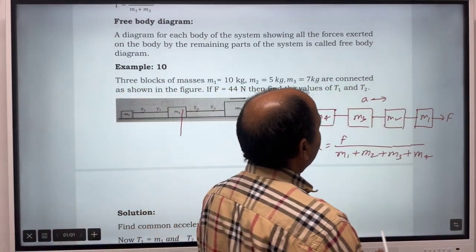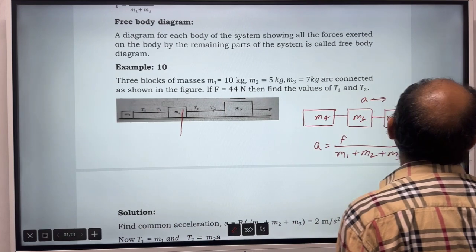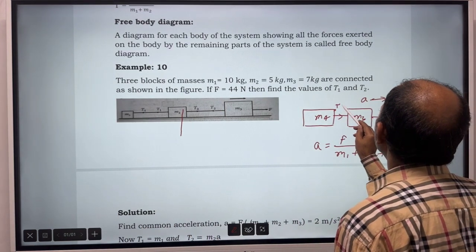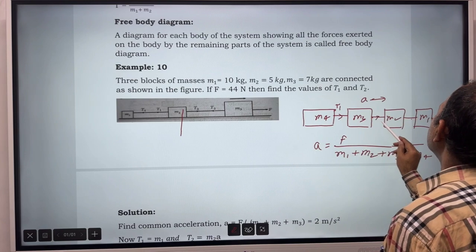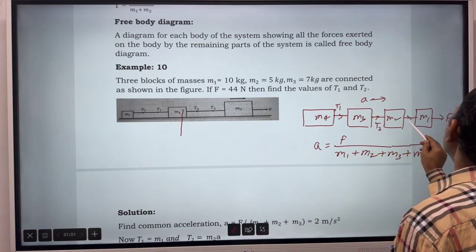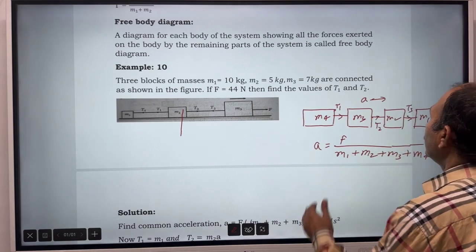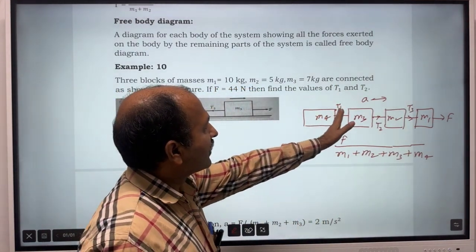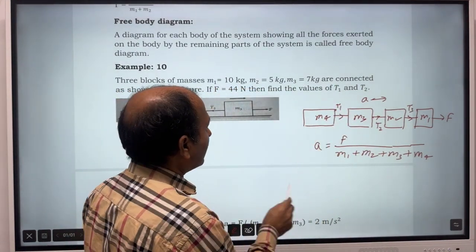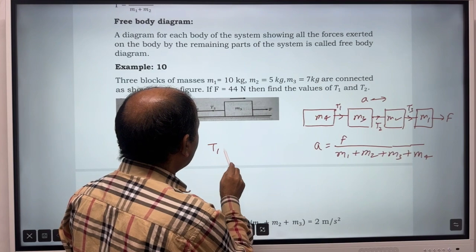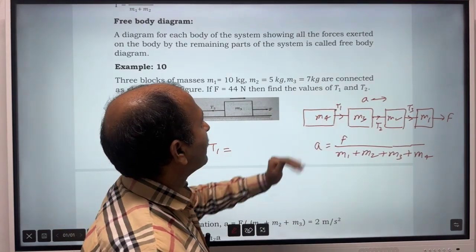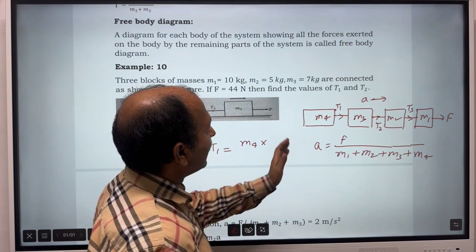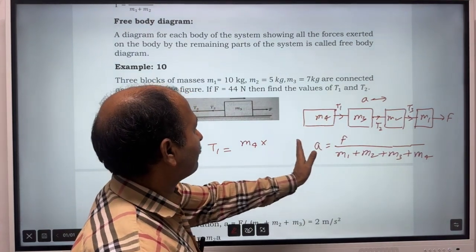Now suppose you want to find out tension here or here or here, then what is the rule? Suppose we denote this as T1, this as T2 and this as T3. So very simple rule. If you want to find out T1, the mass before it you will consider, and then common acceleration you will multiply.